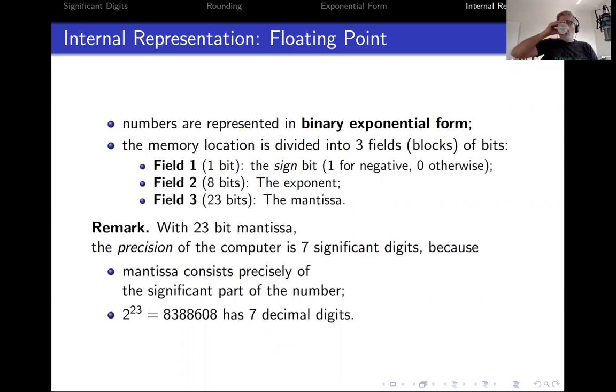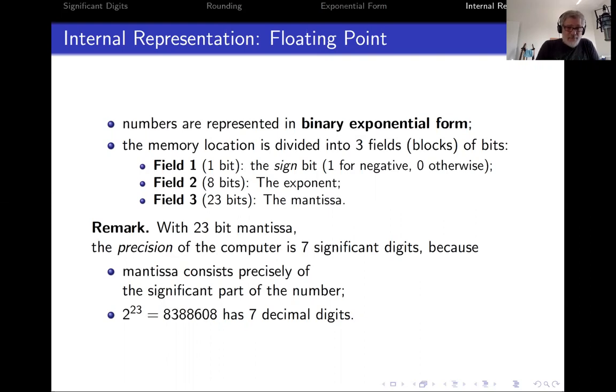So we have 32 bits, which are separated into 3 different fields. The first field is the sign bit, super easy. It's 1 if you have a negative number, and 0 otherwise. This is the sign bit, the leftmost bit of your 32 bits.